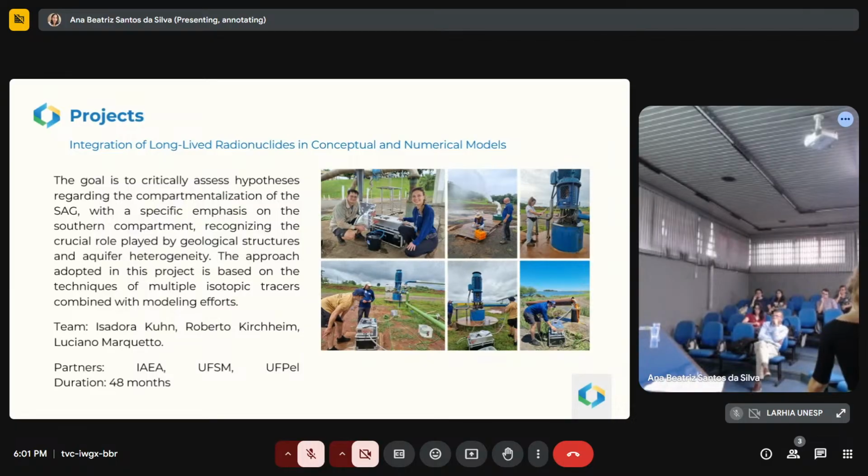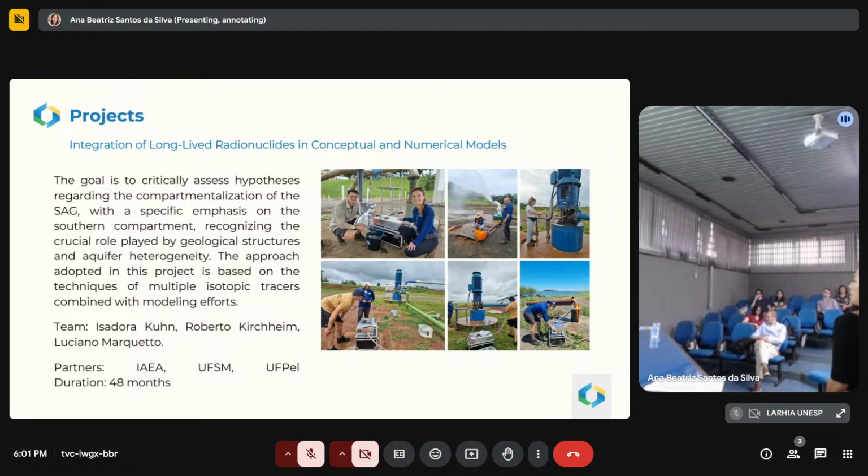PDA is also enrolled in this project with us. Not too much, a bit far, but yes. The idea is to develop a methodology or a proposal on how to incorporate groundwater ages into numerical models. So the objective is to translate more efficiently the data from the long-lived nuclides into useful tools for groundwater management.